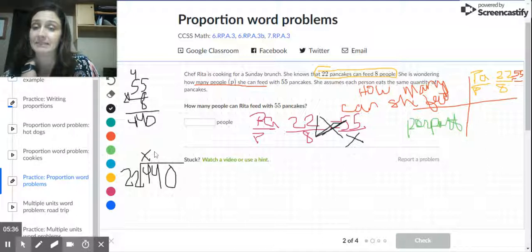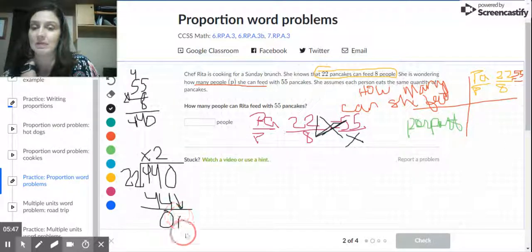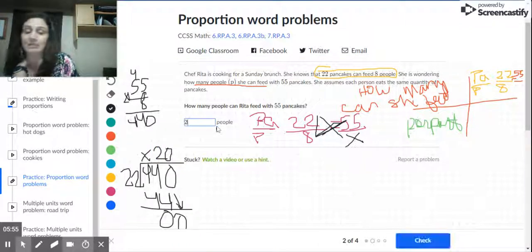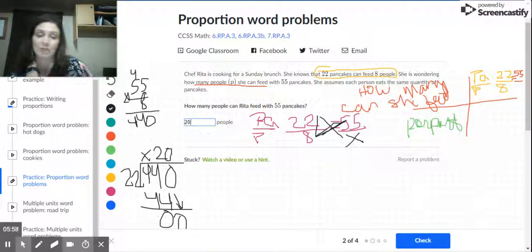How many times? 2. 2 times 22 is 44, okay? So when I subtract, I'm left with 0. Bring down this 0. And 22 goes into 0 times. So how many people will I be able to feed? I'll be able to feed 20 people. So let's check our answer there.